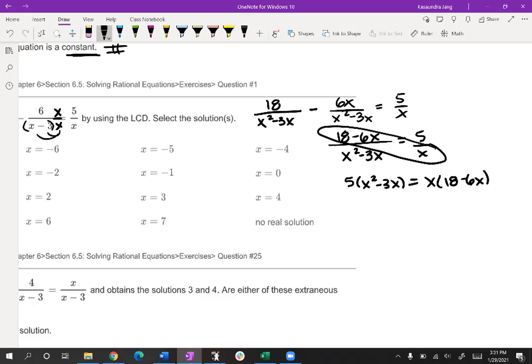All right. So I guess I'm distributing to do, I get a 5x squared minus 15x equals, now I distribute on this one, I get an 18x minus 6x squared. All right, let's see, let's put them all on the same side. I'm going to add 6x squared on both sides and subtract my 18x.